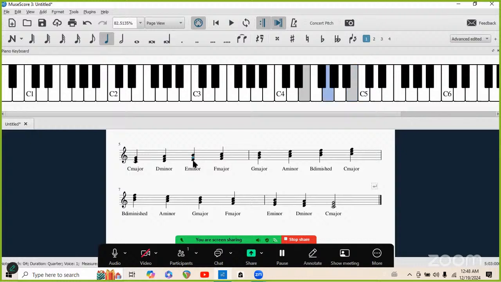Play the E, skip the F, play the G, skip the A, play the B. So it's consistently every other note of the scale that's put together to create each chord, and these are played together.